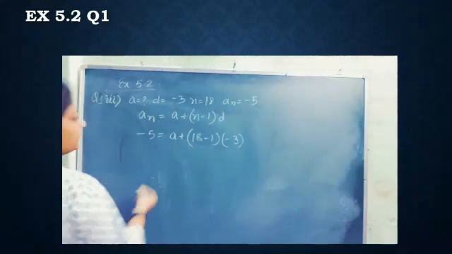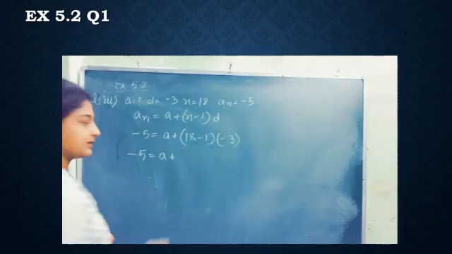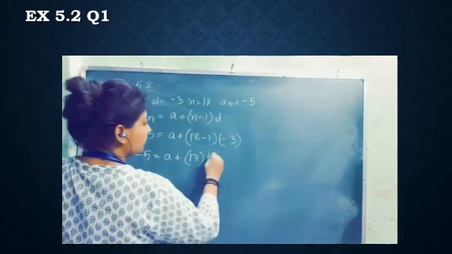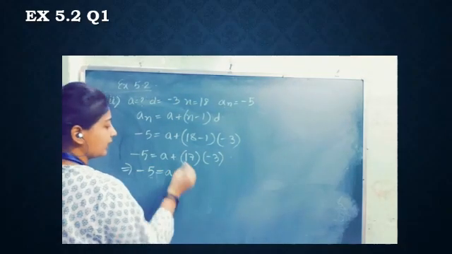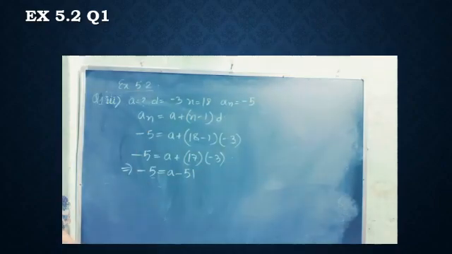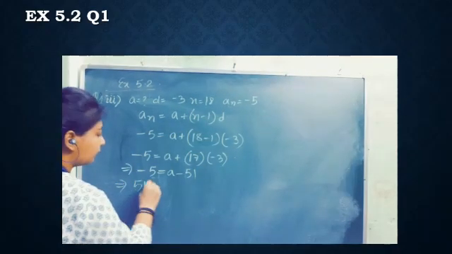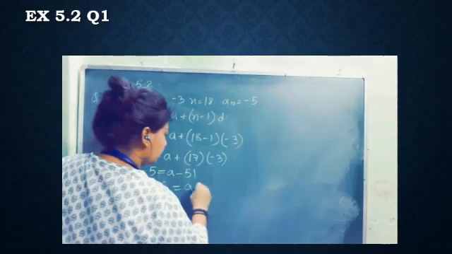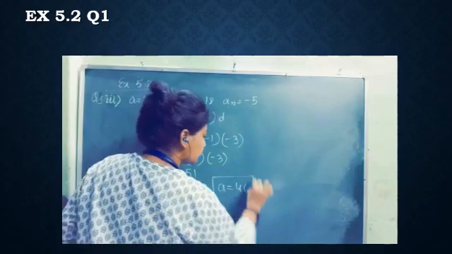On solving this, minus 5 equals a plus 18 minus 1, which is 17. Again, minus 5 equals a plus 17 into minus 3, which gives us minus 51. When this minus 51 goes on the other side, it becomes plus 51. 51 minus 5 equals a. This gives me the value of a as 46.